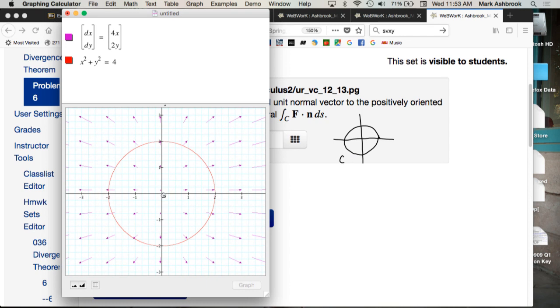Here's 4x plus 2y. And so this is kind of like, imagine, a two-dimensional flow field. And then we can talk about, we haven't before, but we can talk about flux out through the boundary, like through C, right? So what is the flux out of that?